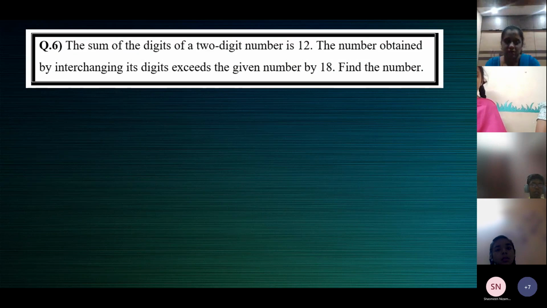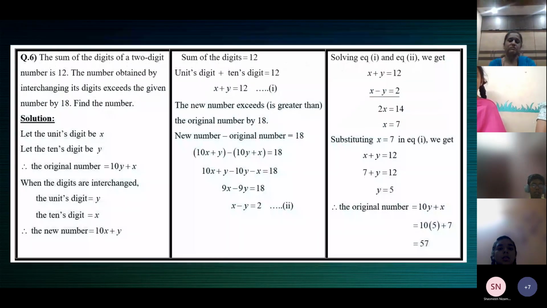Now I want you to go through this and you can volunteer to explain. Read the question. You can see the solution also.